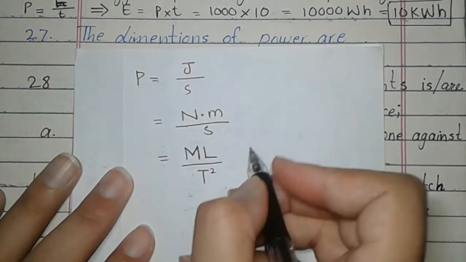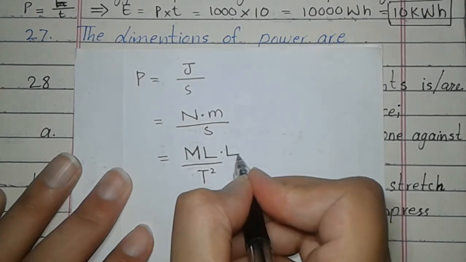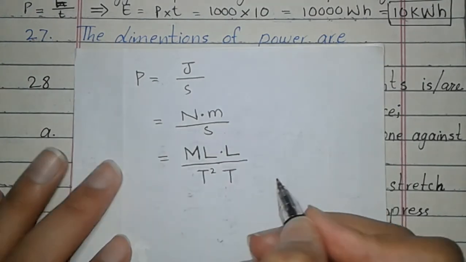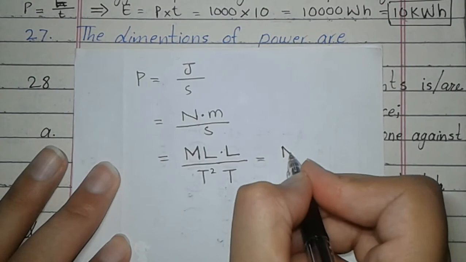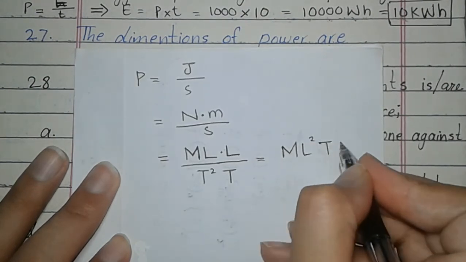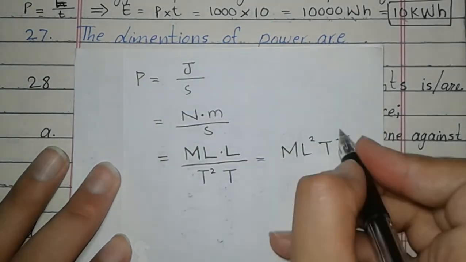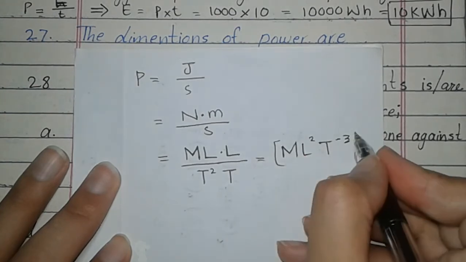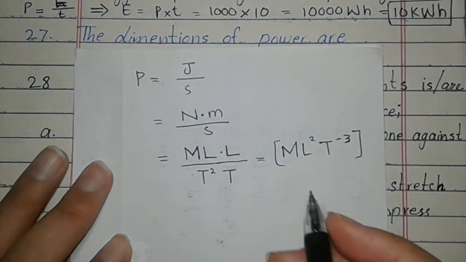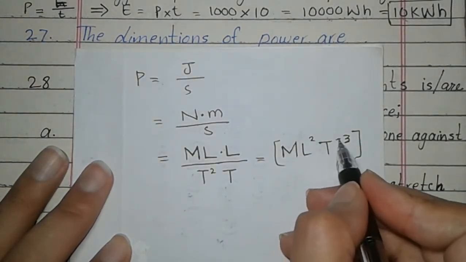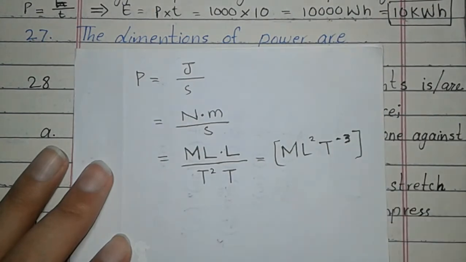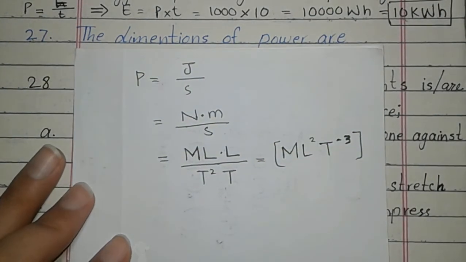Now write meter as L, and second as T. So the dimension is M L square and T to the power minus 3, the inverse cube. So these are the dimensions of power.